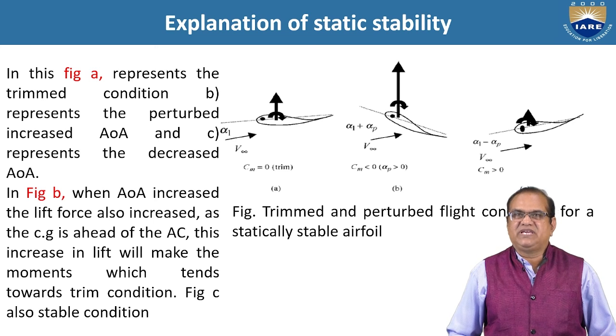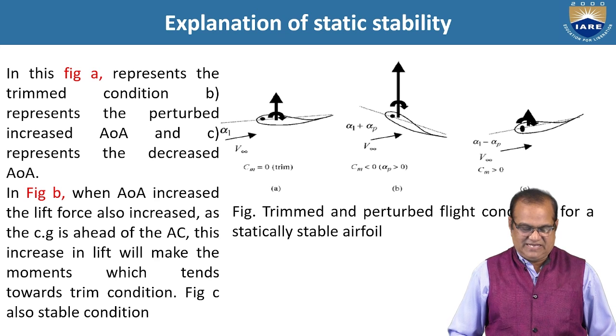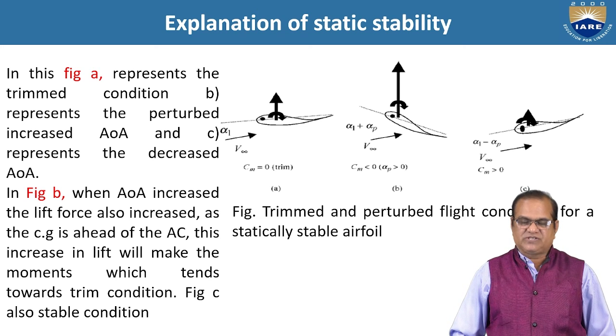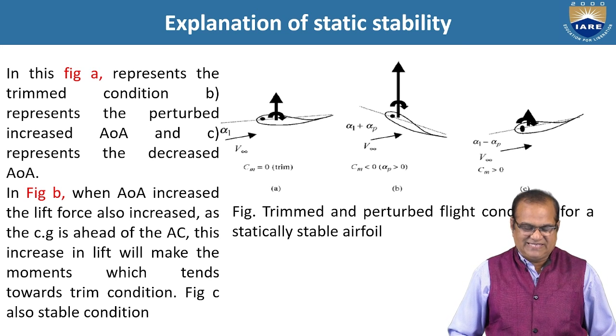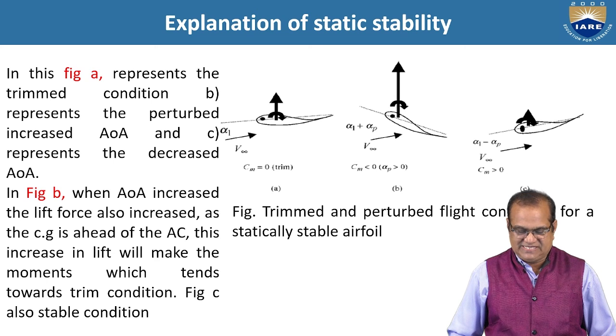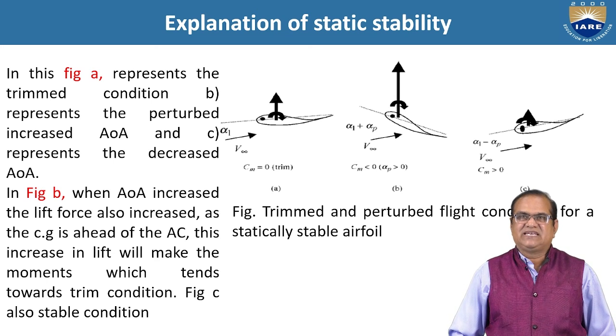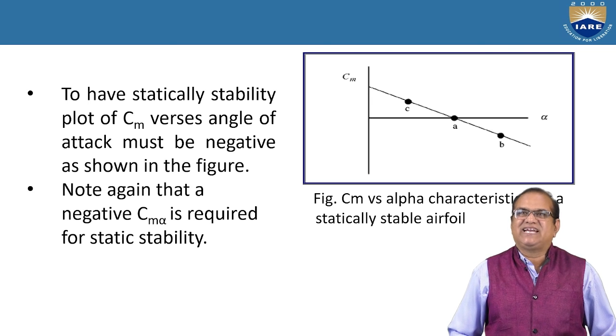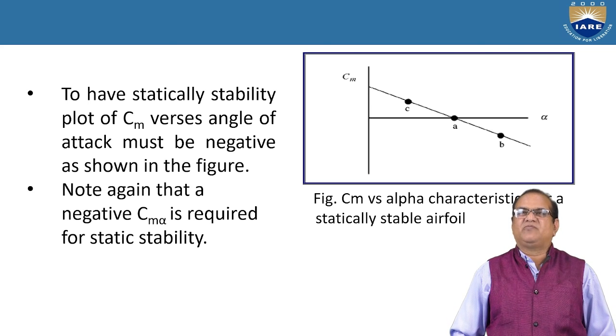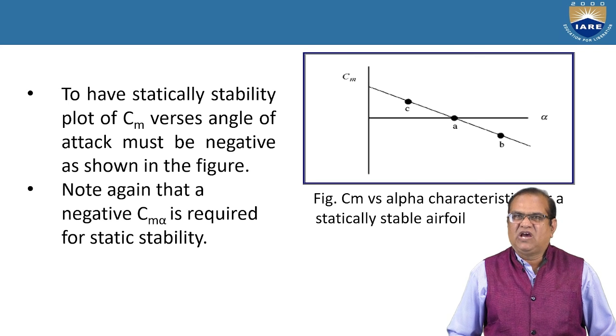In figure B, when the angle of attack is increased, the lift force also increases. As the CG is ahead of the AC, this increase in lift will make a moment which tends to bring the aircraft nose down. To have a statically stable aircraft, the plot of Cm versus angle of attack must be negative as shown in this figure.